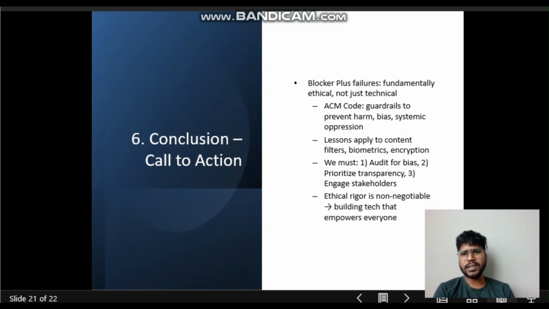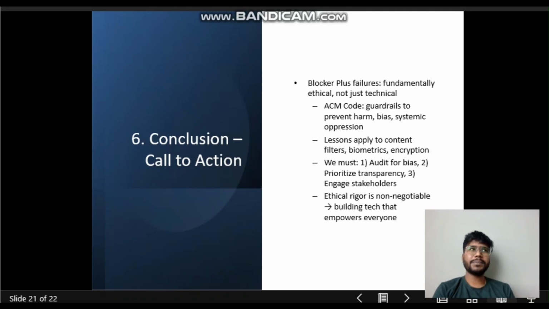Ethical rigor is non-negotiable. We must audit for bias, using frameworks like IBM's AI Fairness 360. We can also prioritize transparency and public impact assessments, and engage stakeholders, including marginalized voices, in the design process.